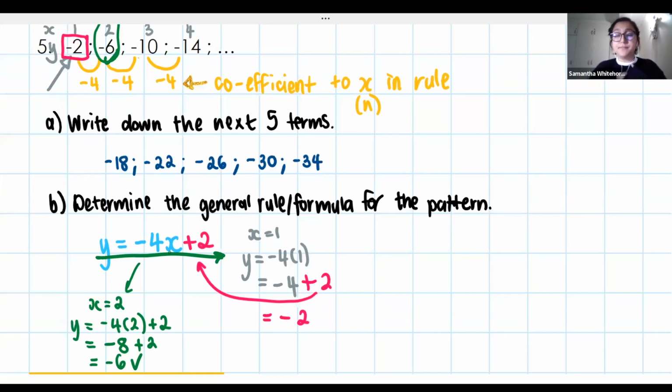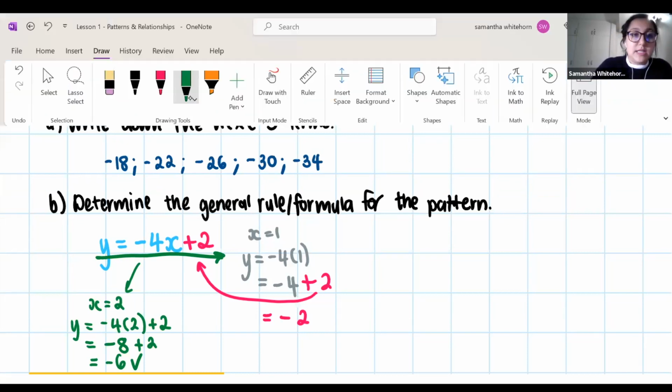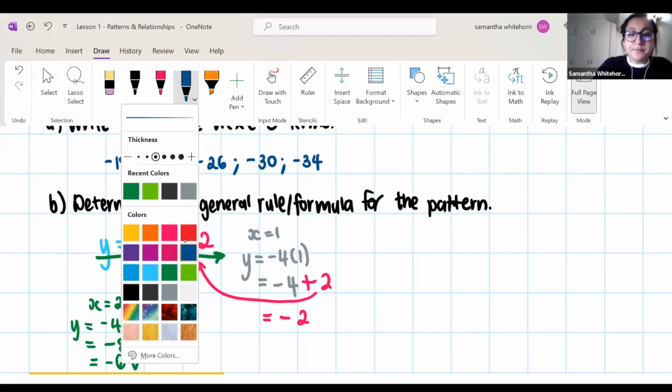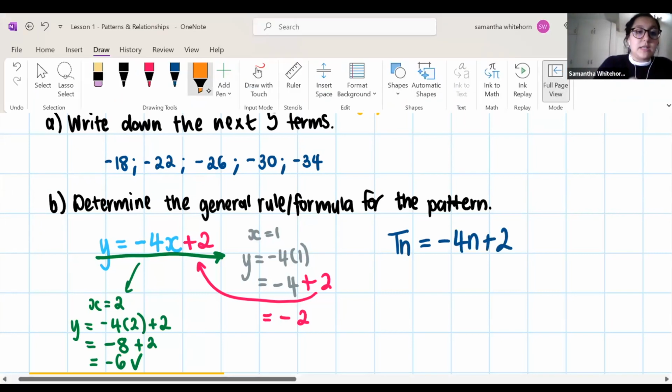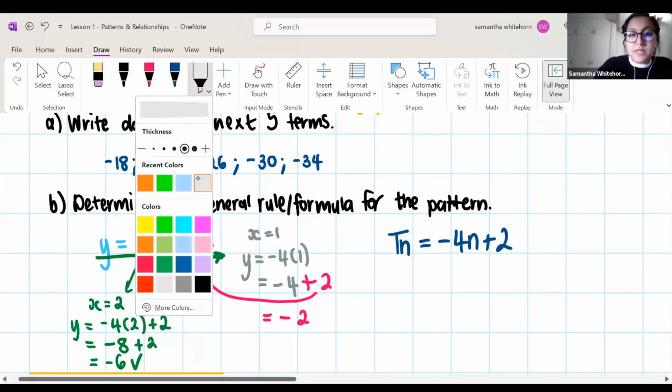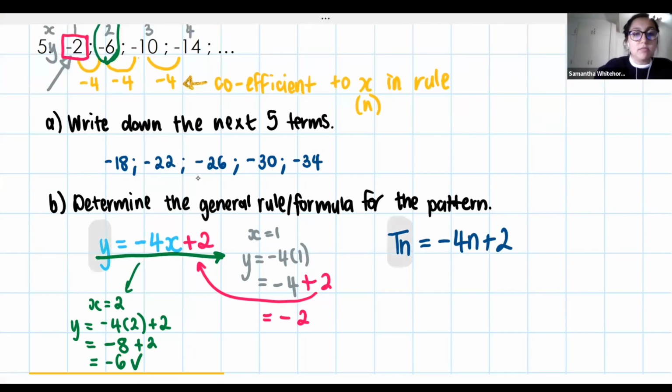Okay, but essentially, that is how we work out a pattern. If we know what we're adding or subtracting each time, and it's the same thing each time, we can work out our rule from there. If you're going to use Tn, which is absolutely fine, your answer would be Tn is equal to -4n plus 2. Hopefully what you see in this case is that Tn is y, it means the same thing.